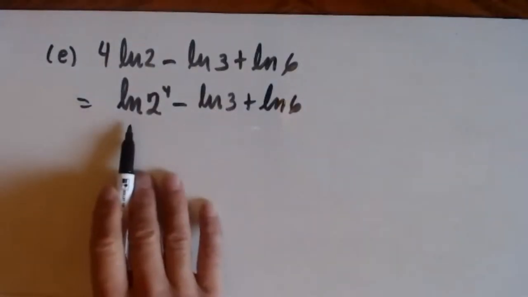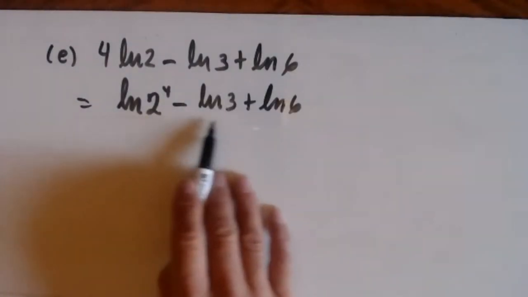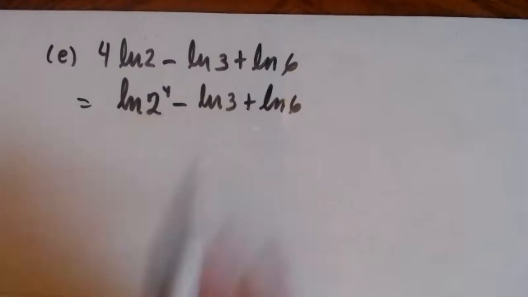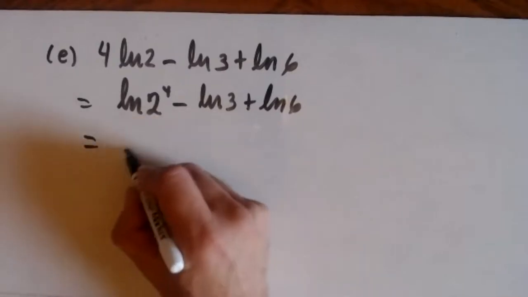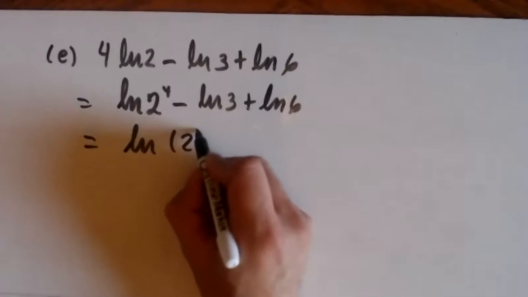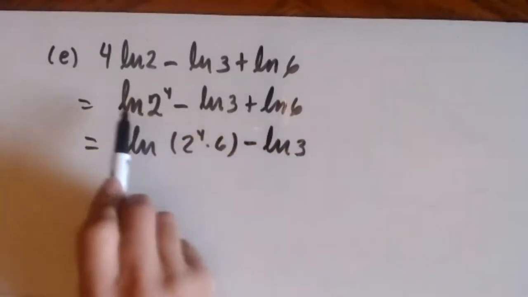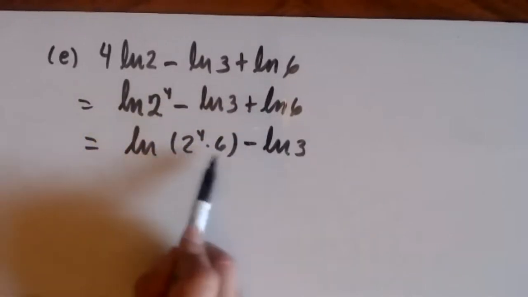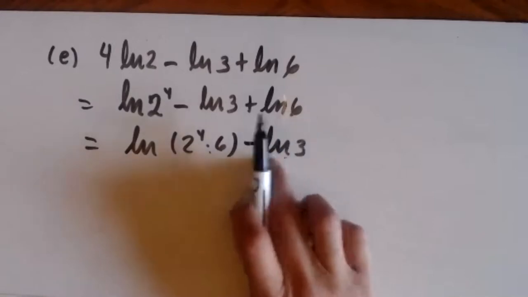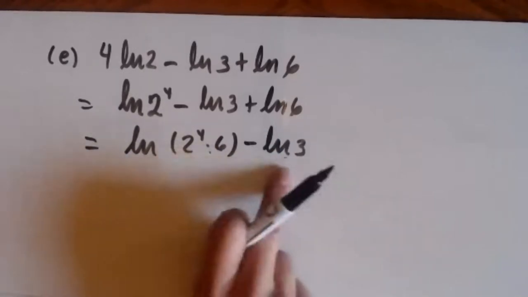Now I have to remember my elementary school math. I know that I can add these two first. So I can put ln of 2 to the 4 times 6 minus ln 3. What I did, I add these two first. That's the product of the numbers according with the log, minus this one. Okay, now this is going to be the quotient of these two expressions.